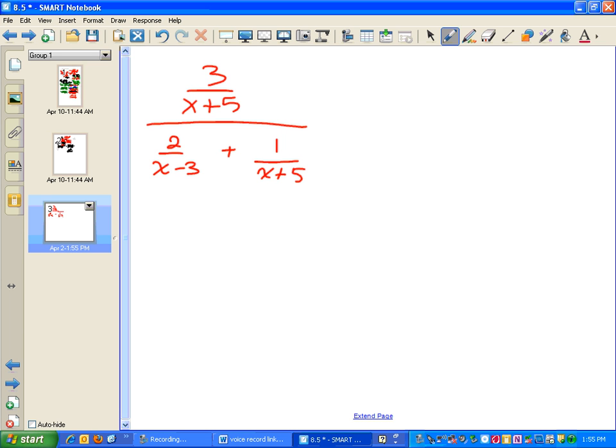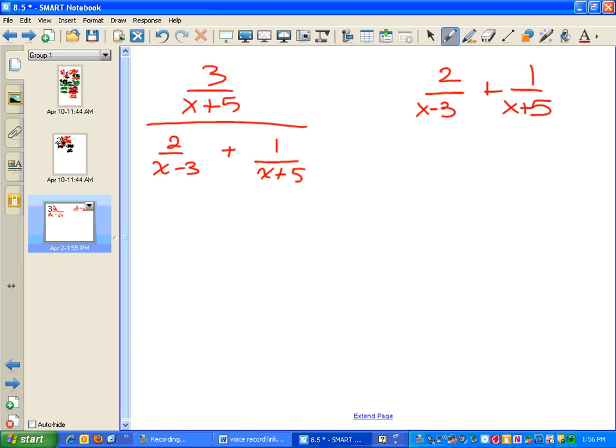Okay, so the numerator is simplified, yes? So we just have to take the denominator over to the side and say, well, 2 over x minus 3 plus 1 over x plus 5, and get a common denominator. What should that common denominator be?